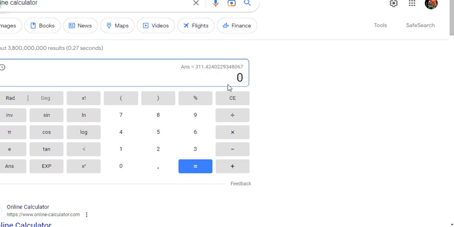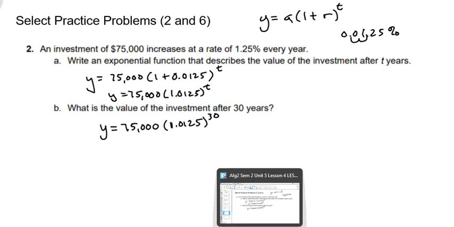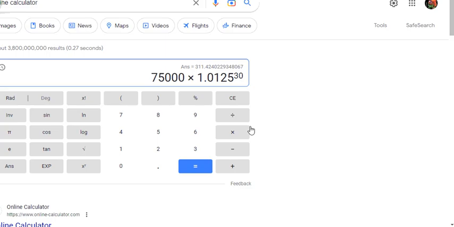So we've got 75,000, and then we're going to multiply that by our 1.0125, because that's our 1.25%. We're going to raise that to the 30, since it says after 30 years. And let's just check and make sure we got everything right. 1.0125, 30. So here we go. Let's hit equals.